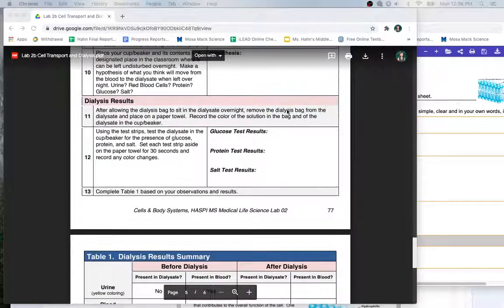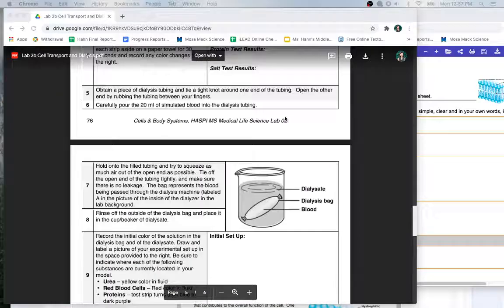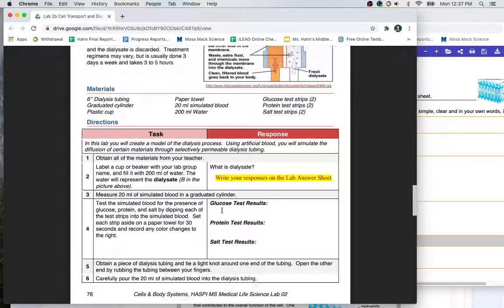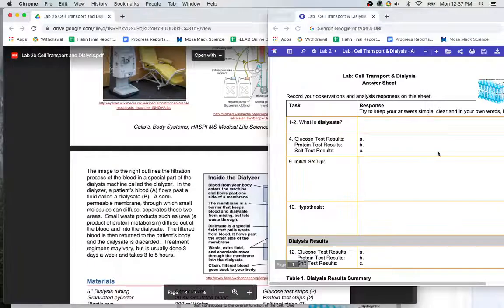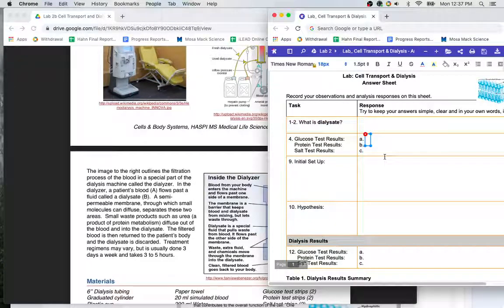So here are glucose test results. So hopefully our test results were that it is positive, positive, and positive.